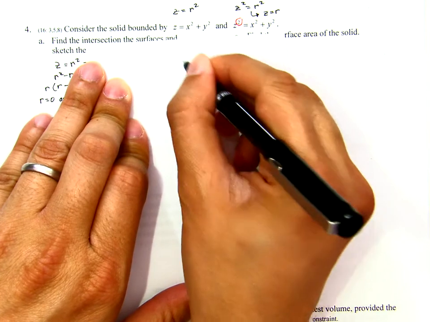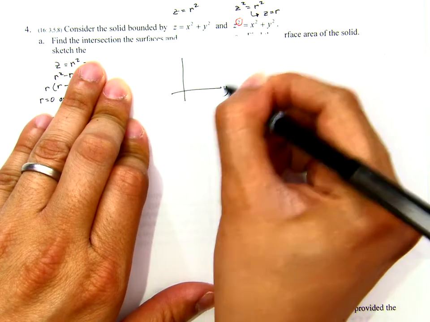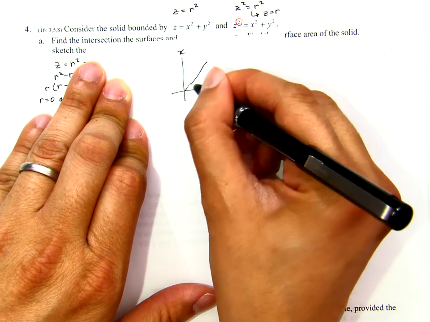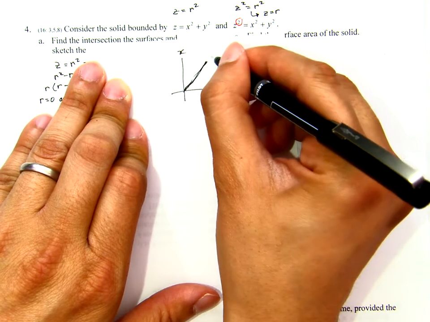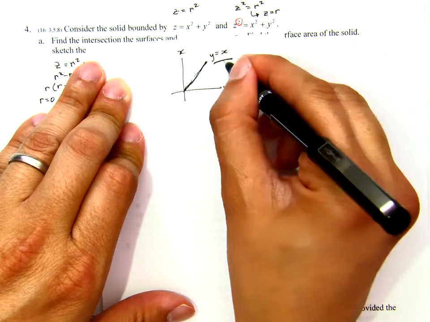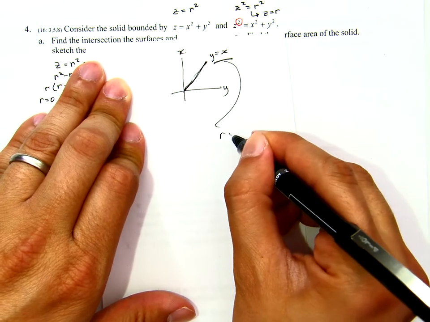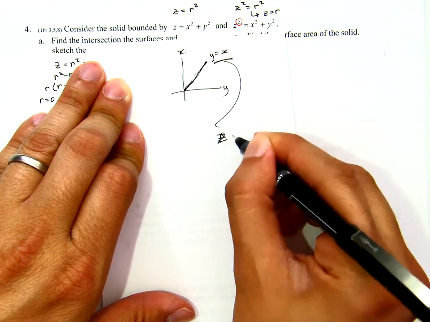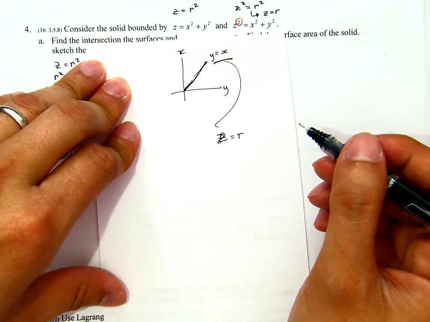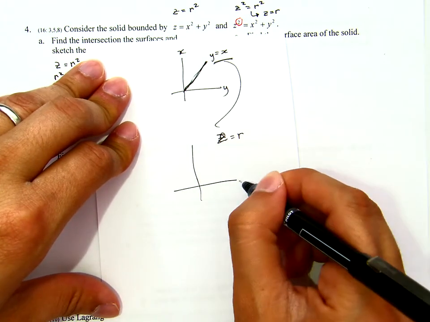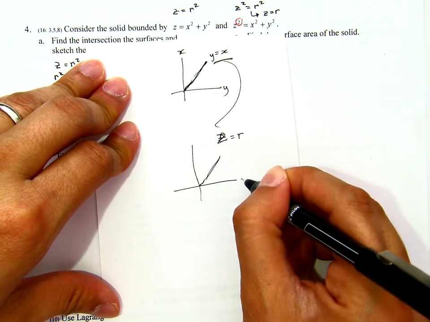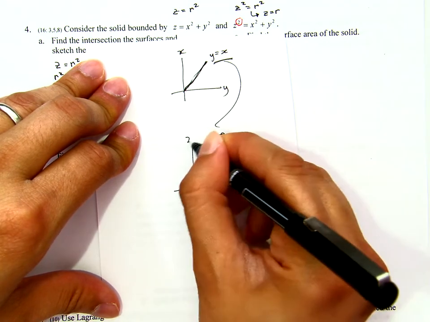Think about it this way: if you have y and x, and let's say this is my y equals x. Now when I replace the y with z, and the x with r, this is my r here and this is my z here.